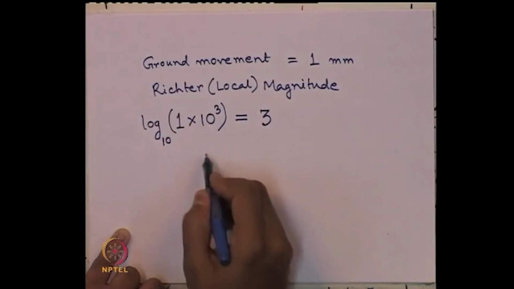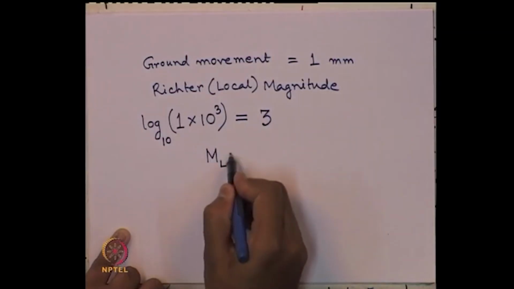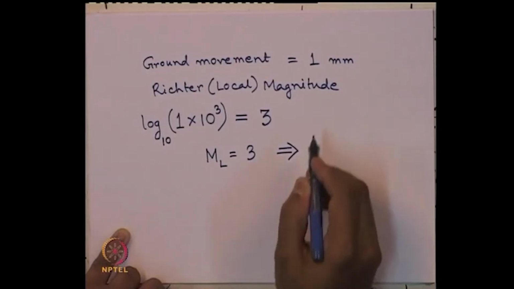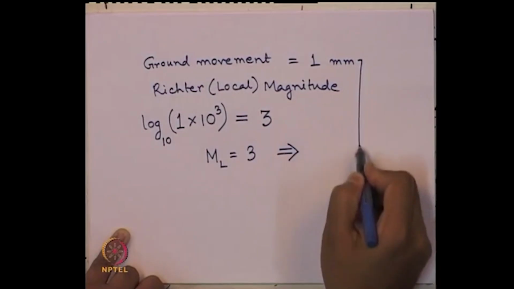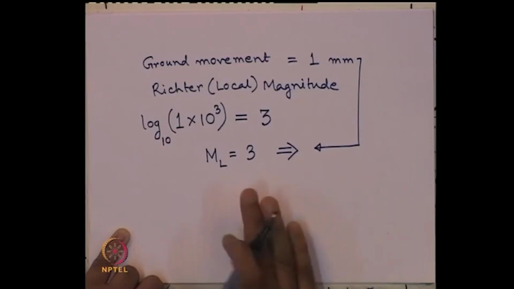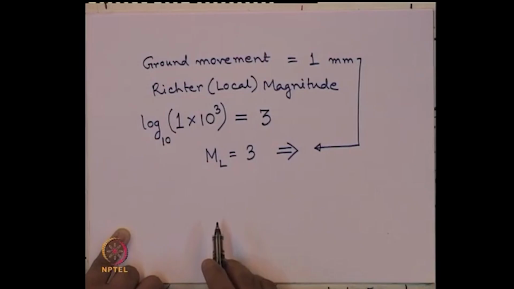So, that means ML of 3 means it will cause equivalent ground movement of this 1 millimeter. Is it clear? So, this is the simplest way to understand how Richter magnitude scale is computed, and that is what we see after any earthquake.